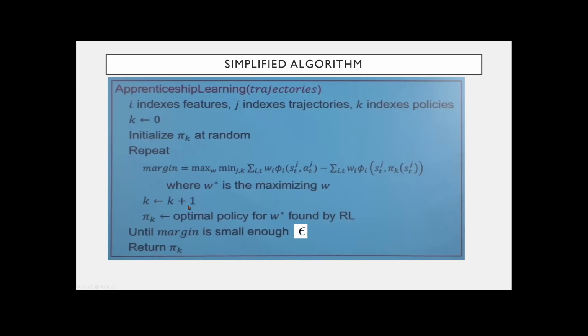As a sanity check, I'm going to plug this pi k into this equation, and if this margin turns out to be small enough, in fact, less than or equal to this epsilon value, which was set by us machine learning practitioners, then I'm going to terminate this algorithm and return pi k. This pi k is quite close to the expert's optimal policy. This algorithm guarantees that the pi k is close to the expert's policy.